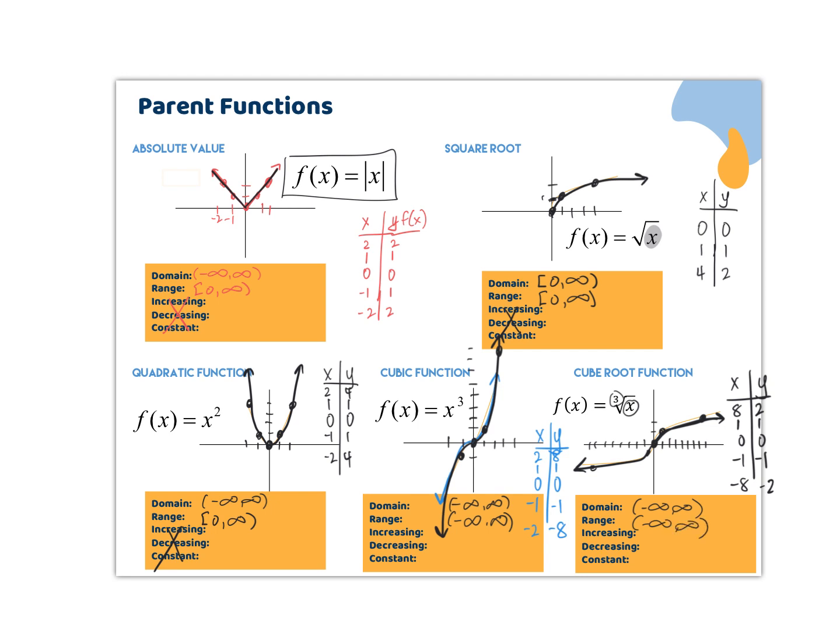And so again, these are your basic parent functions. You definitely want to learn these, okay? You want to know when you see a quadratic function, you want to think parabola, okay? When you think of a cubic function, you want to think of this squiggly line, okay?